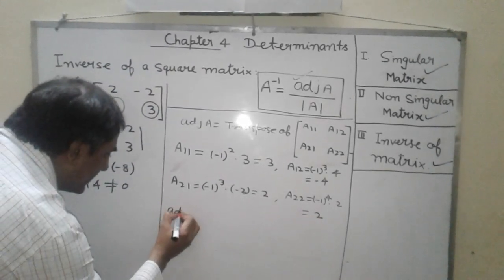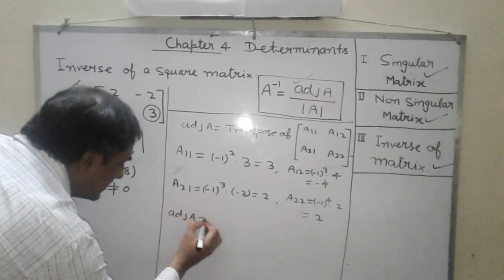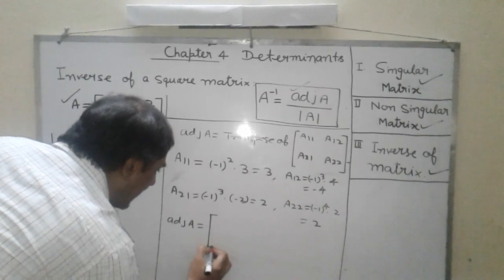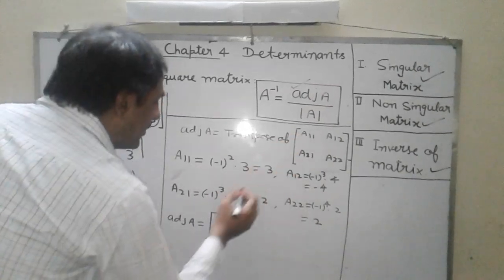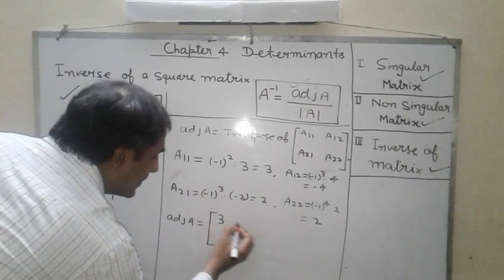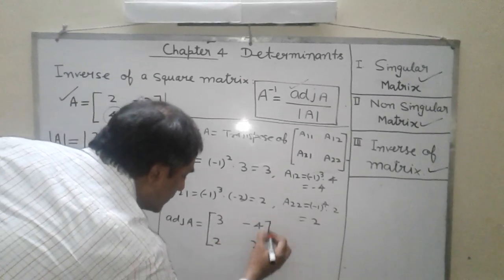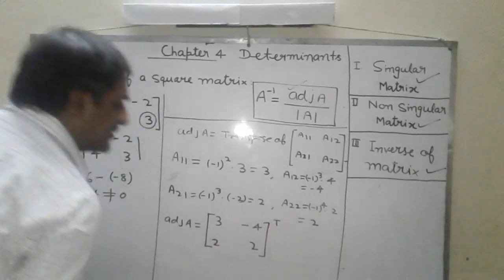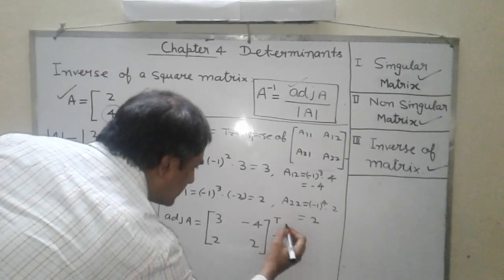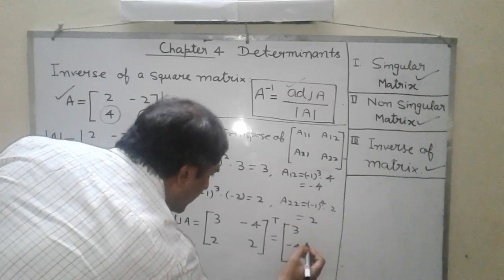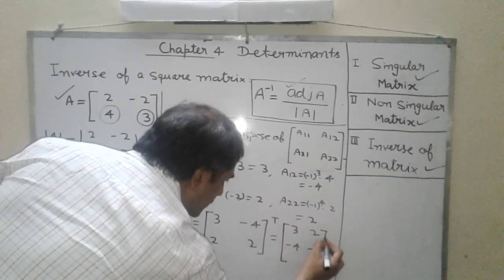Adjoint of A is equal to transpose of this one. The value of A11 is 3, A12 is minus 4, A21 is 2 and A22 is 2. For transpose, it is equal to the matrix with rows 3, 2 and minus 4, 2.